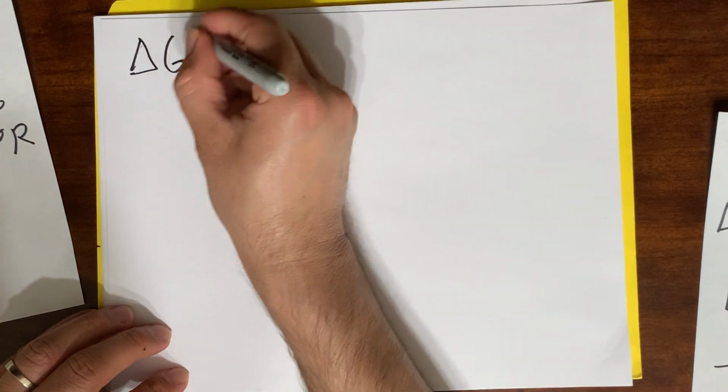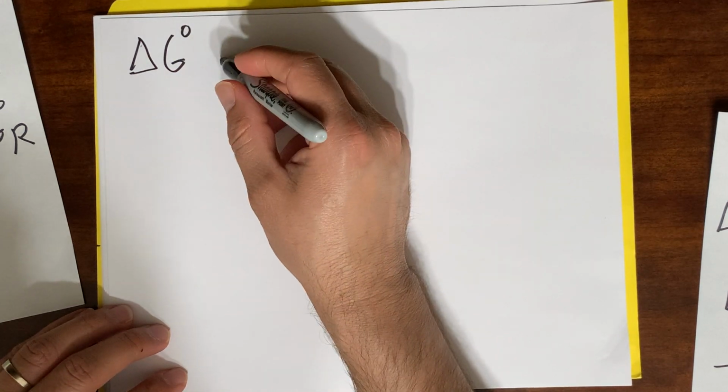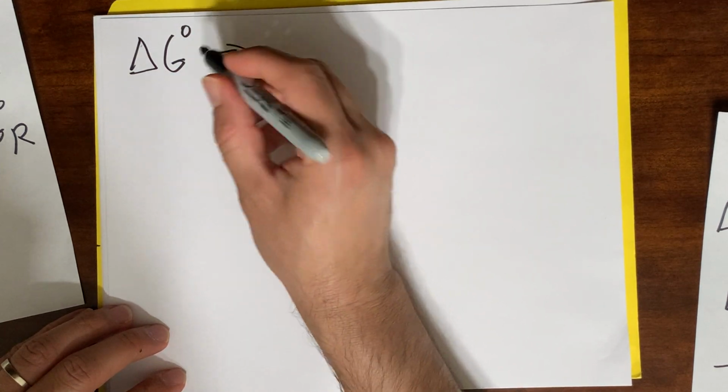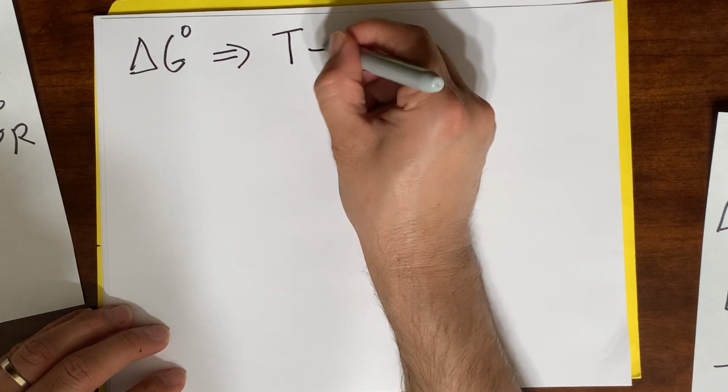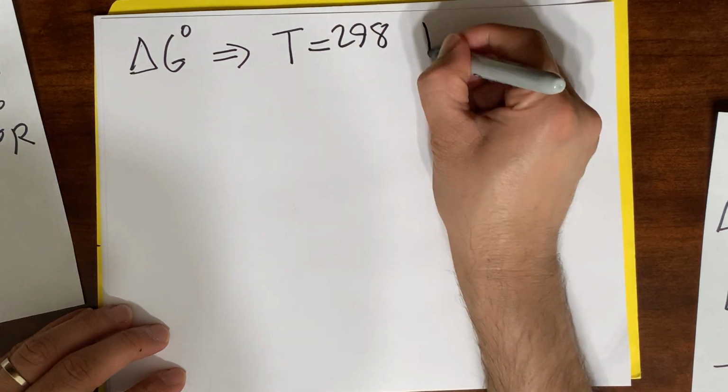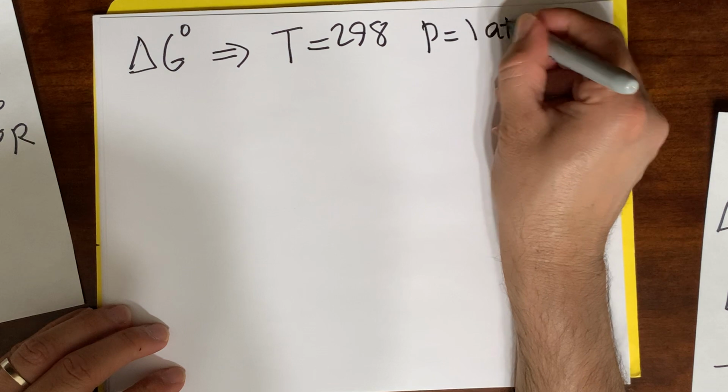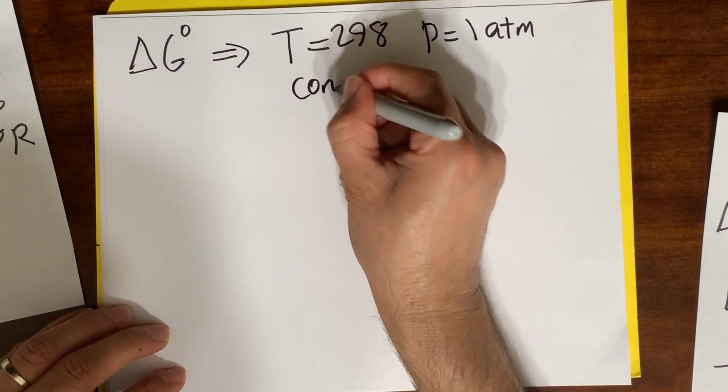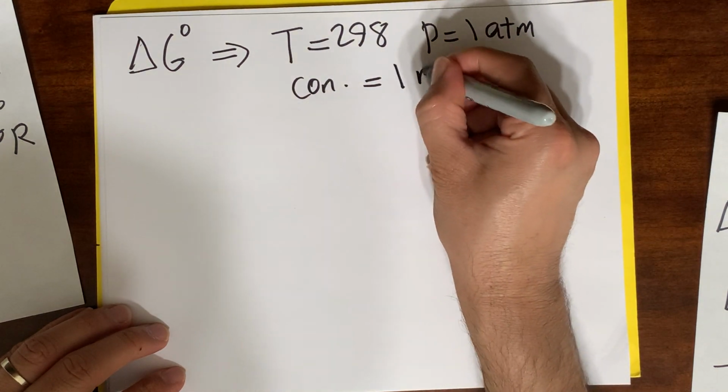Delta G standard, you have to use it only and only for this condition, and concentration equal to 1 mole per liter.